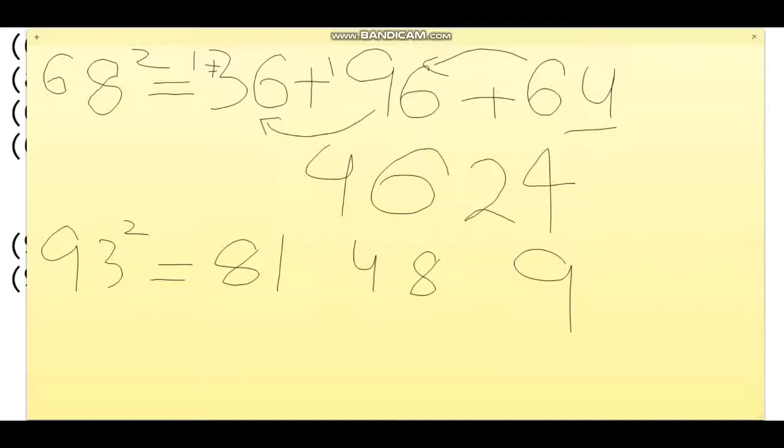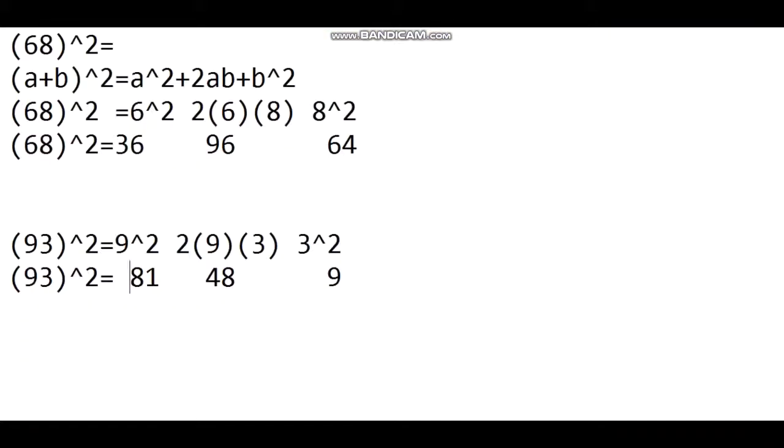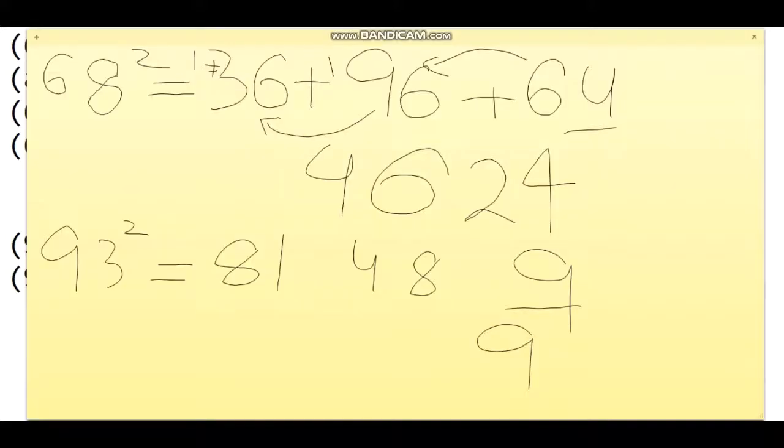So you can write this 9 as it is. Wait, I will check something. 2 nines are 18, and 18 into 3 becomes 54. Sorry, it's 54, and this is also 54.